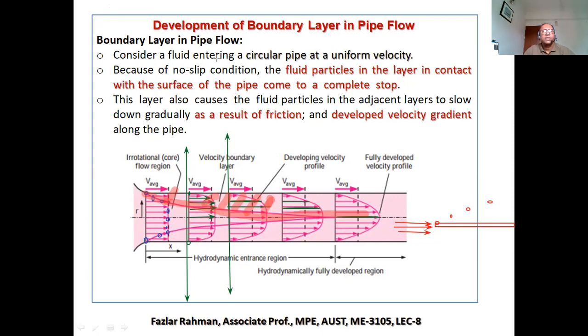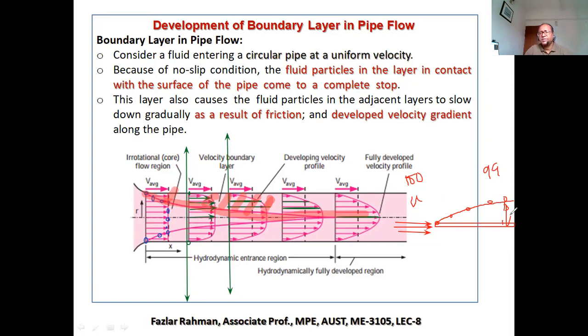So if this velocity is u, say 100 miles per hour, at one stage you will see right over here that the velocity is getting to 99 miles per hour. If you mark the distance right over here, this thickness is called the boundary layer thickness, because the velocity reaches 99% of the free stream velocity.